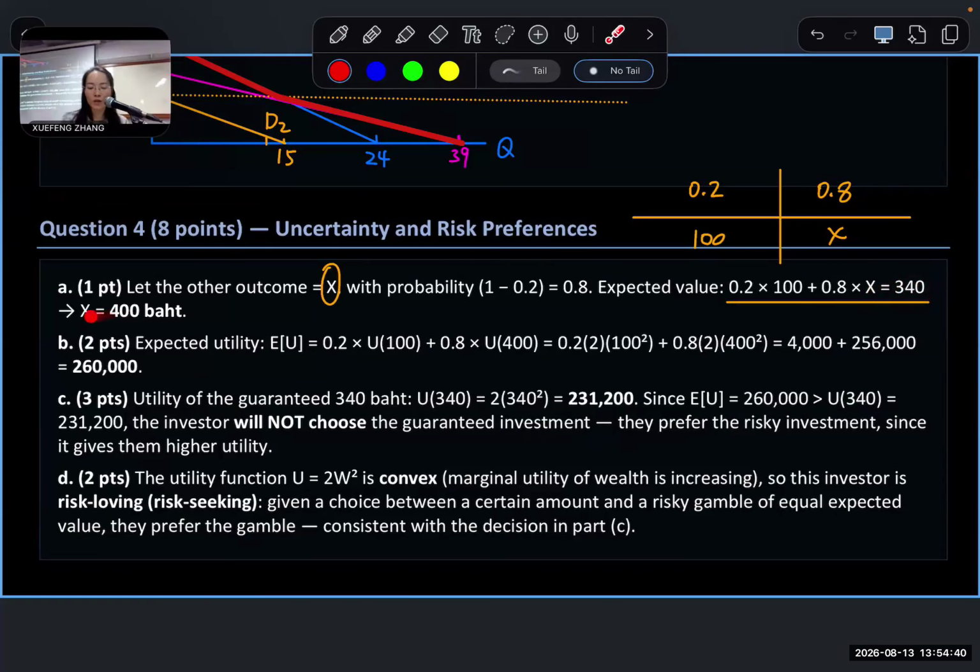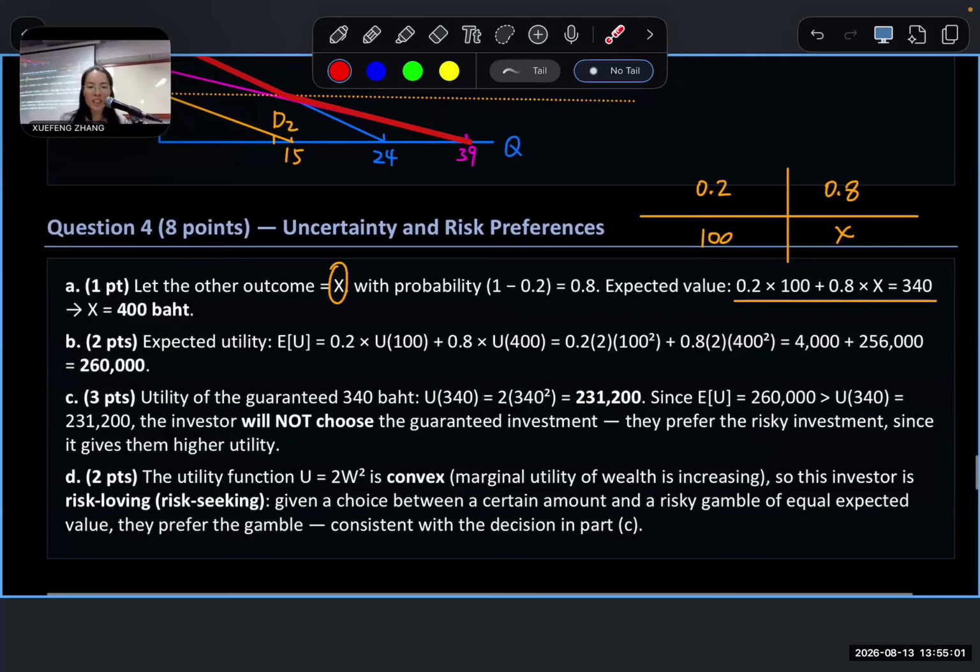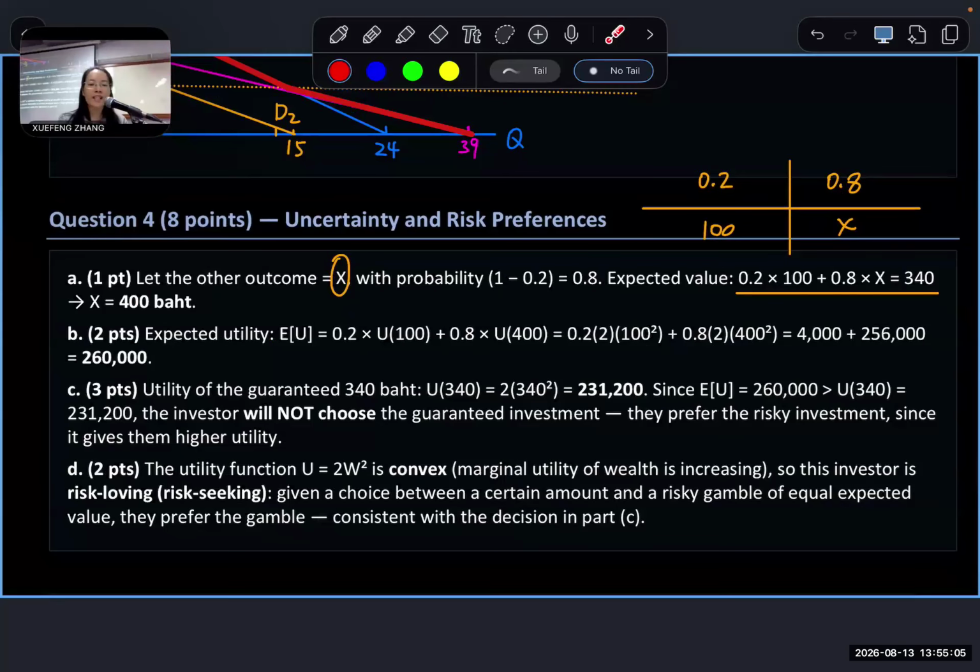And then you solve for X equals 400 baht. So this is the first question. And the second question: if the investor has a utility function U equals W squared, what is the expected utility from this investment?